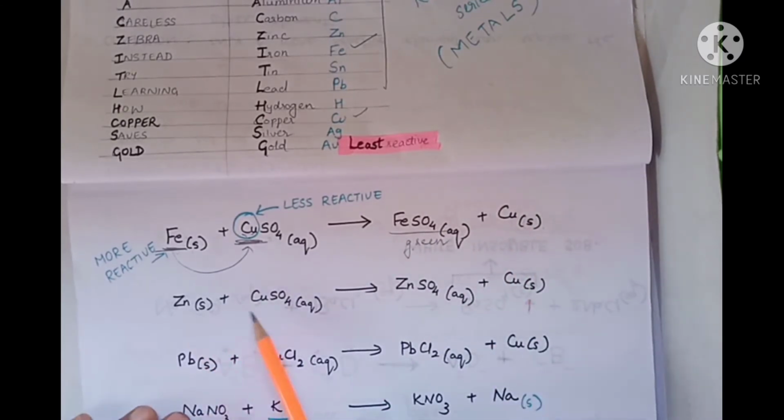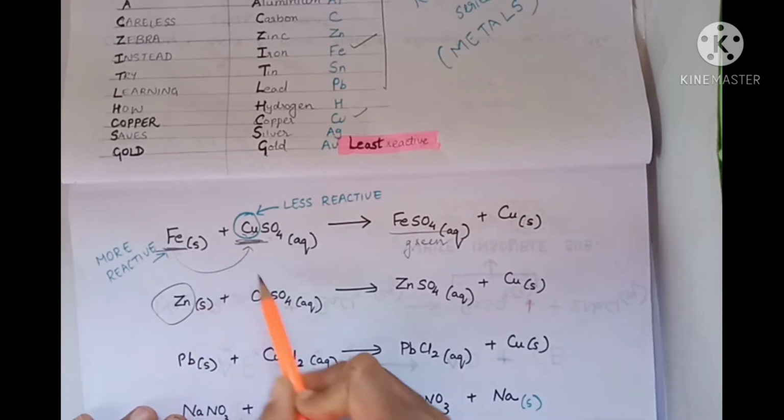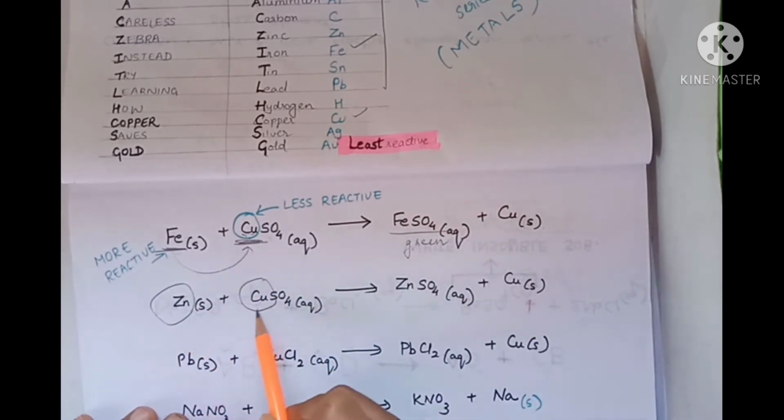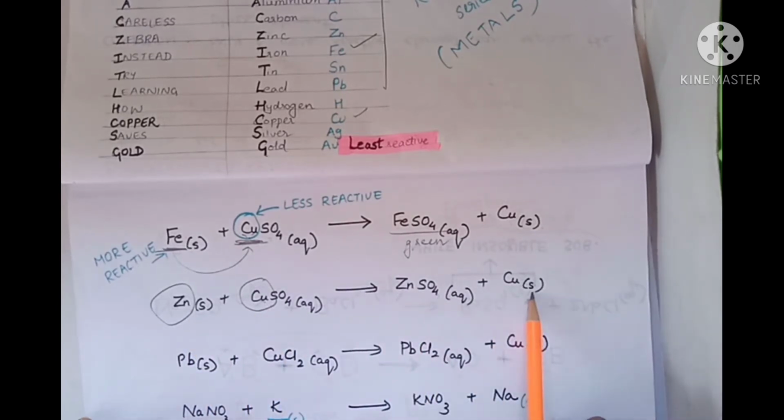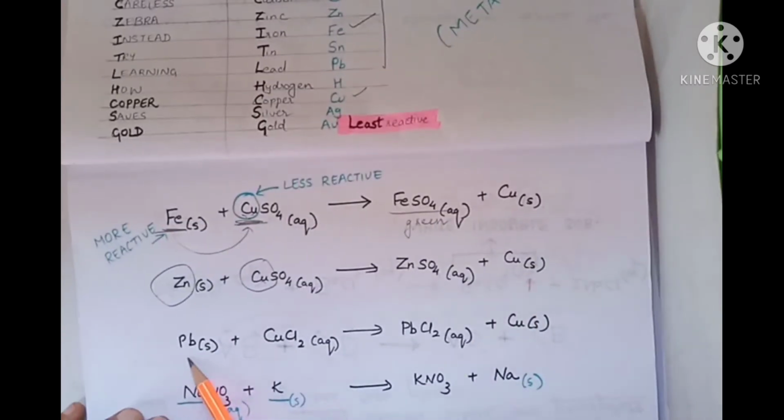Next, zinc reacts with copper sulfate to give zinc sulfate and copper. Here zinc and copper are being exchanged or displaced. So zinc takes the place of copper and forms zinc sulfate and copper. Next is lead and copper chloride.